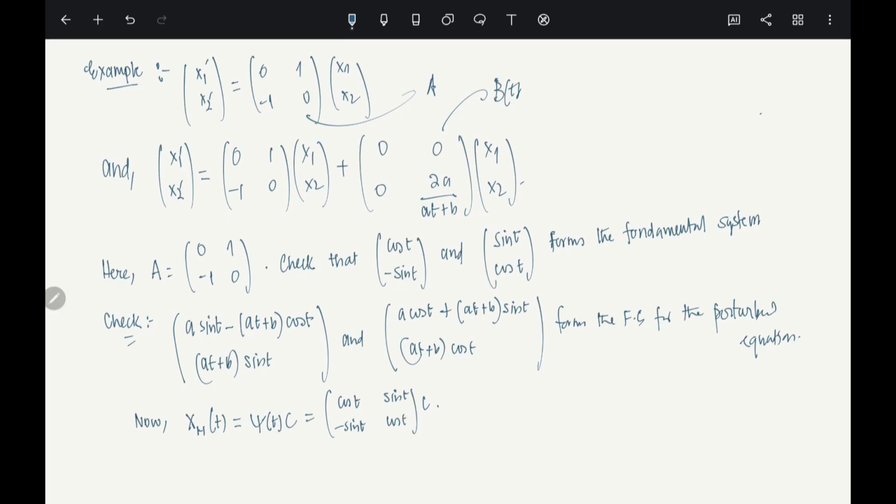Therefore, if you take the norm of phi of t, the matrix norm, or any other norm, it doesn't really matter, you can see that this is going to be bounded for all t. This also you have to check and find out the matrix norm.